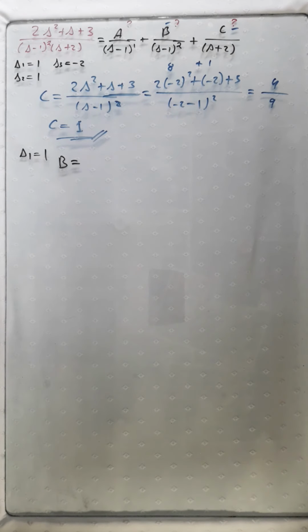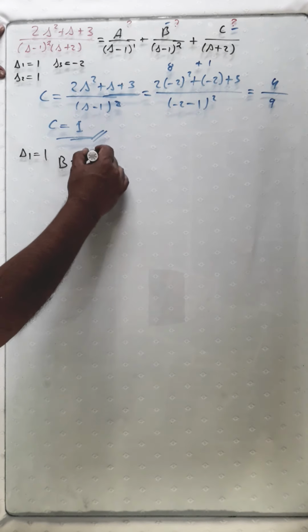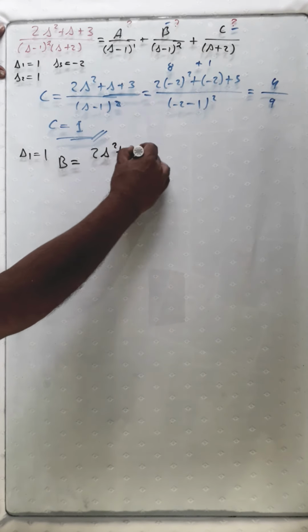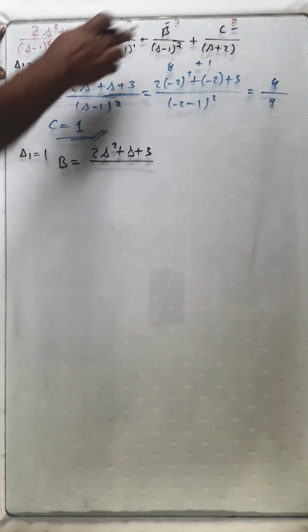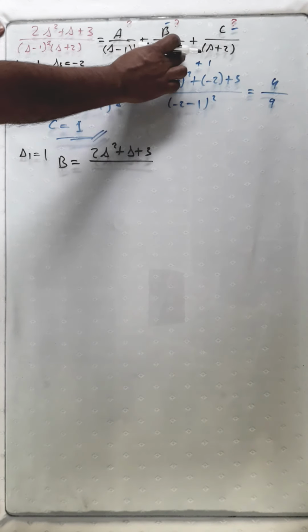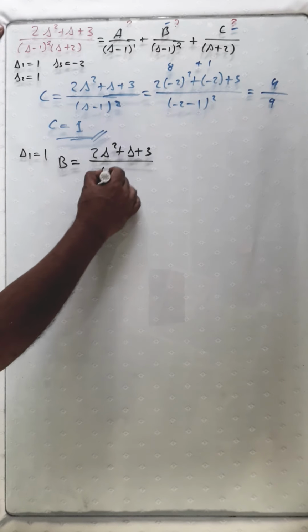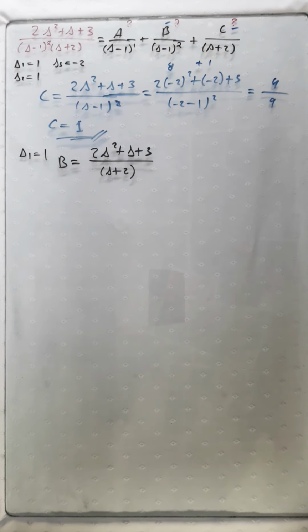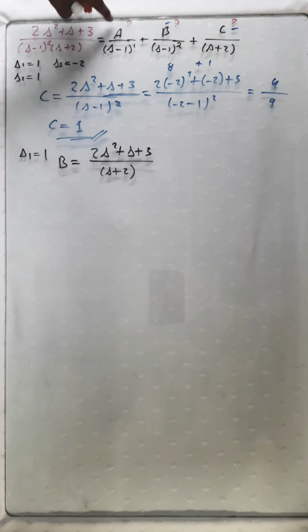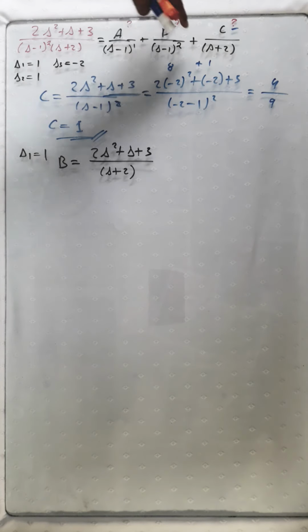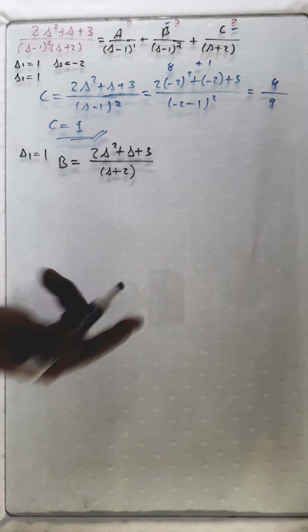Because if you look at this fraction, the value of B is going to be with S minus 1 squared, so you eliminate that part, leaving S plus 2. But you cannot do that for the value of A, so that's where the Heaviside method doesn't work for repeated roots. You can use it only to find the highest power. So we can only use it for the value of B. Okay, so let's use it.